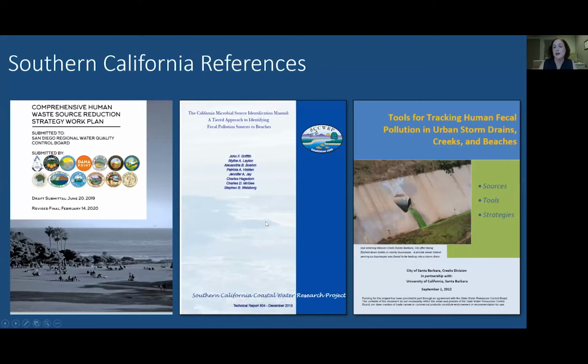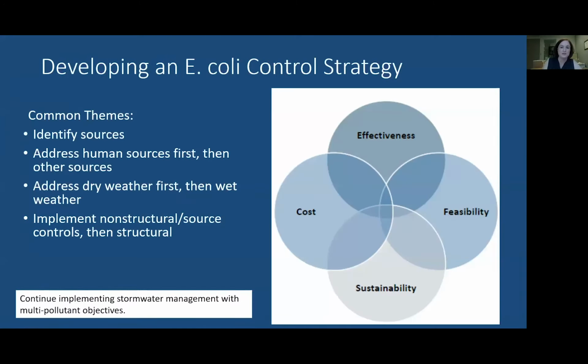John Griffith and others in SQURF have also provided some great guidance on source identification in a few different manuals here. And then, of course, other sources include EPA's guidance, Center for Watershed Protection. There are a variety of different sources out there.